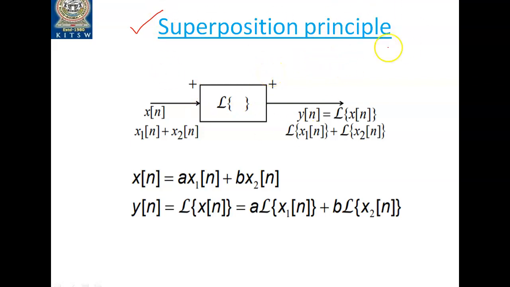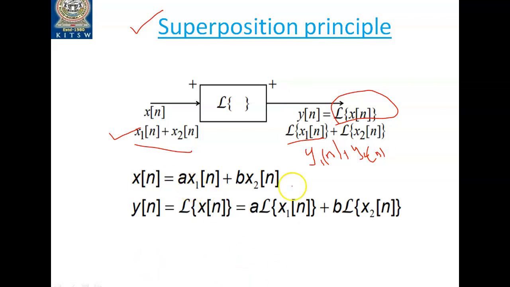If L is the linear operator system, the input is x[n] and the output is L{x[n]}. Similarly, for the sum of two signals, x1[n] plus x2[n], we get L{x1[n]} plus L{x2[n]}, which is y1[n] plus y2[n]. That is the basic principle of superposition, which holds homogeneity.